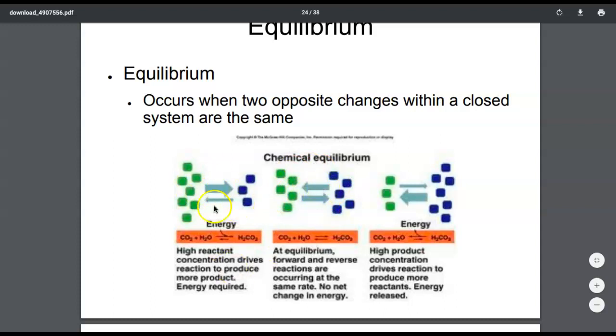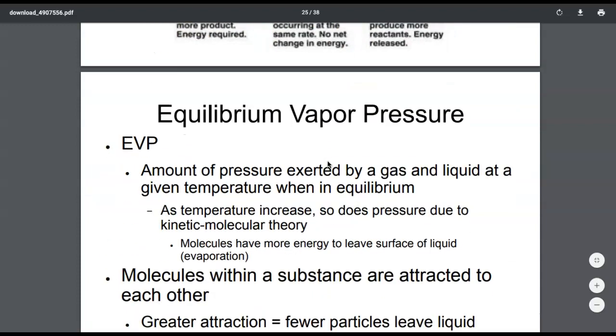Usually we're used to seeing changes happen like this first example here, where more of the reactant is going to form product, or more product and less reactant. But we can also have equilibrium here, where opposite changes are occurring at the same rate.